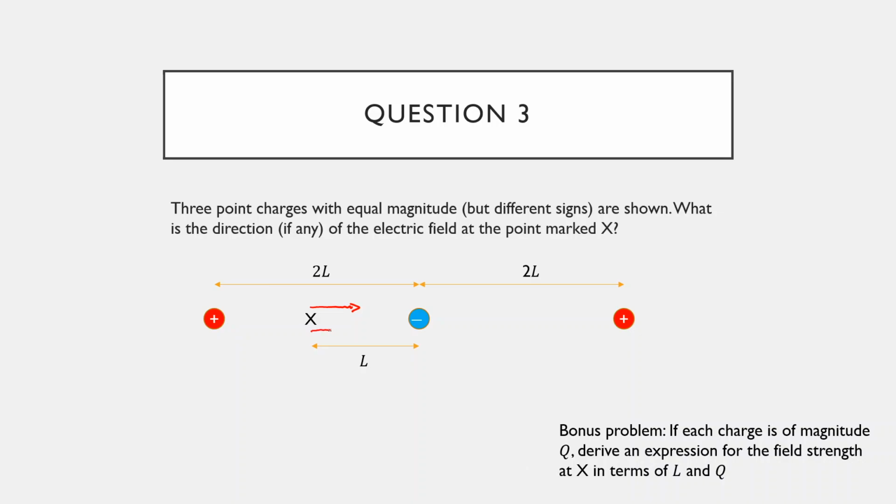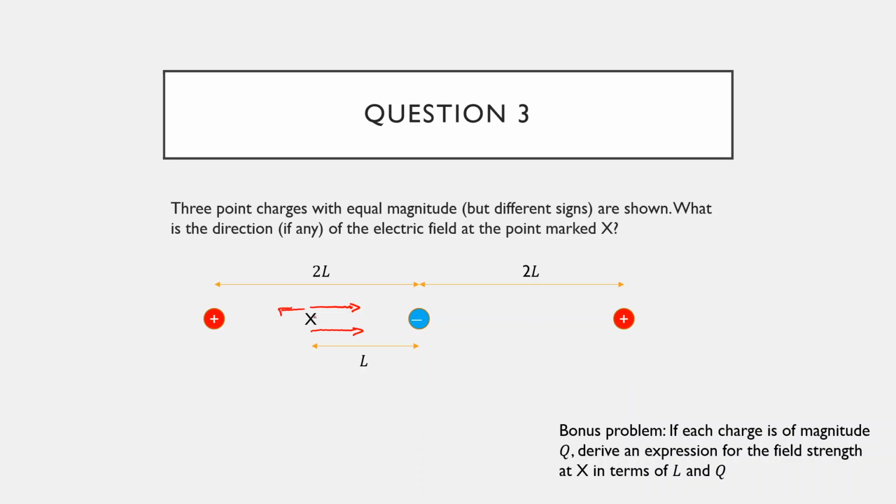So that's also going to be pointing that way. Finally, we've got this positive charge all the way here on the right. It's further away than the other two charges, so the field is going to be weaker. Which direction will the field be pointing from this positive charge? Well, fields point away from positive charges. So the field is going to be pointing that way, something like that.